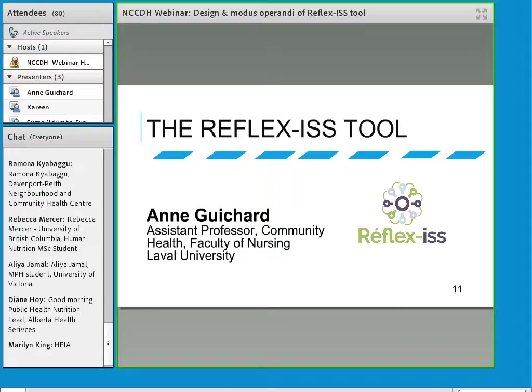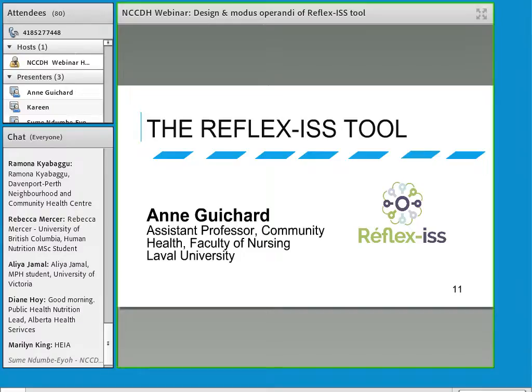I have the pleasure of speaking about Reflex-ISS today, a reflexive tool to help public health practitioners address social inequalities in health in their interventions. Initially developed in France for frontline practitioners, the tool has been recently adapted to the realities in Quebec. The idea was to create a tool that could be used by health professionals in combination with other initiatives within their organizational environment.